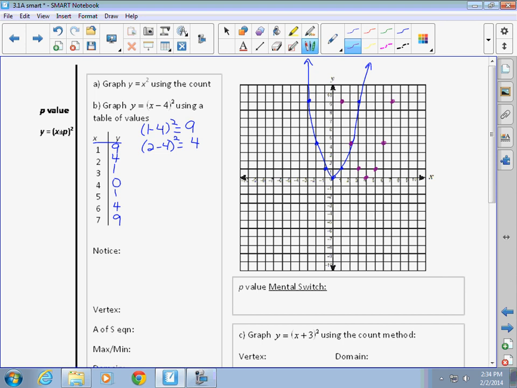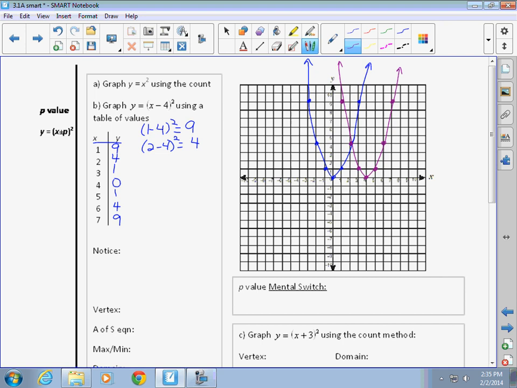So if I connect my dots, what do we notice? We have the exact same graph, it's the same shape.